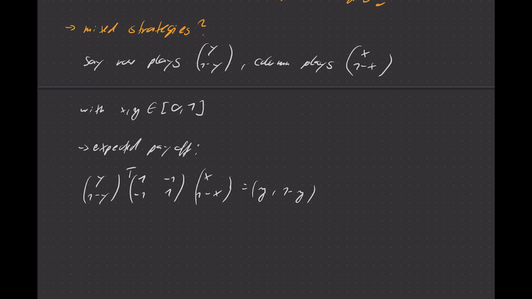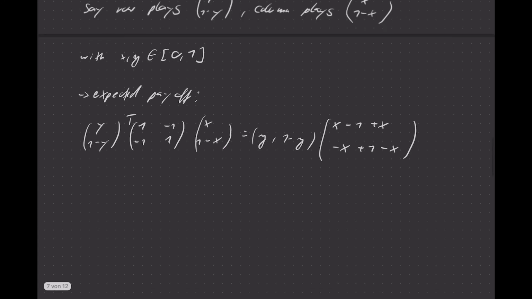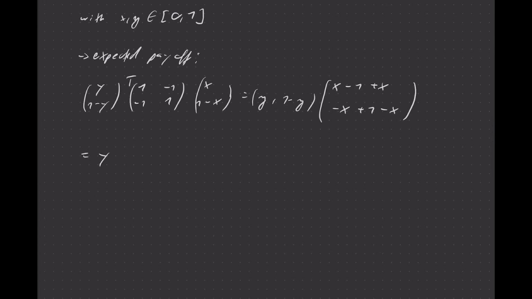Then we get x minus 1 plus x, and in the second row, we get minus x plus 1 minus x. So this is (y, 1 minus y) times (2x minus 1, minus 2x plus 1).